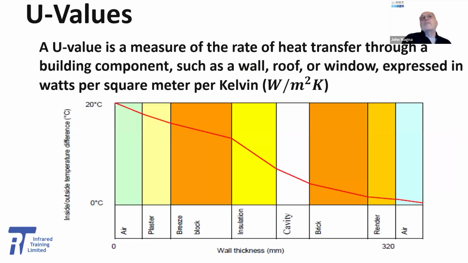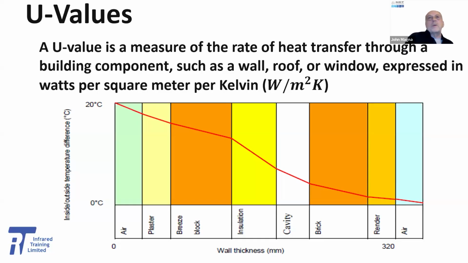U values are a measure of the rate of heat transfer through a building component, such as a wall, roof, or window, expressed in watts per meter squared per Kelvin, based on thermal conductivities of dry construction materials under steady state heat transfer conditions. And they use default values for surface resistances, which are the boundary layers where convective heat transfer occurs.